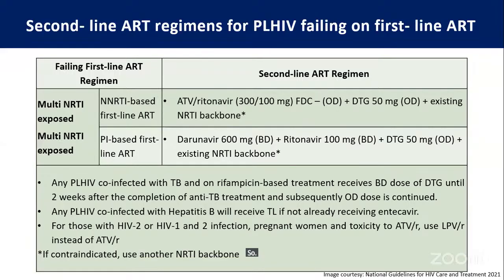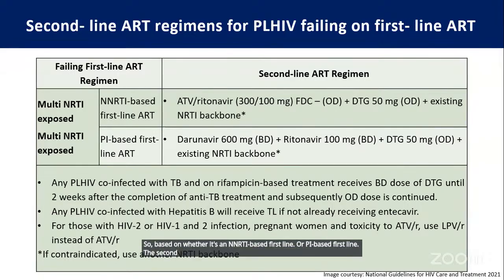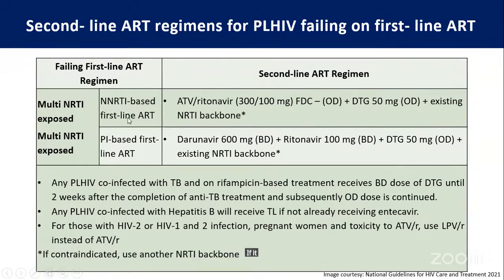So based on whether it's an NNRTI based first line or PI based first line, the second line would be, if it is an NNRTI based first line, a boosted PI like atazanavir, ritonavir, OD, and since no NRTI options are left, then DTG has to be added.